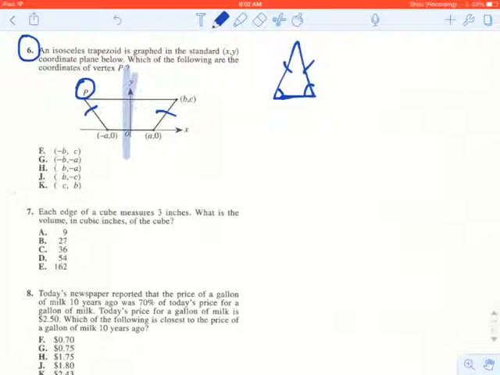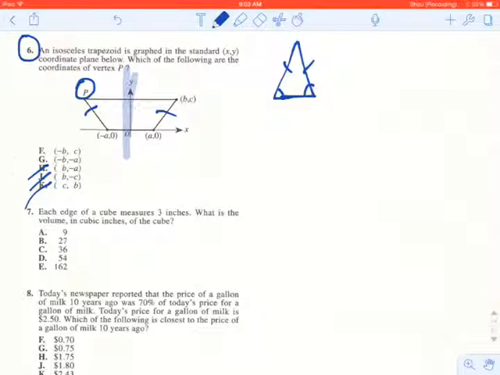So if you think of b, let's just put in a random number. Let's say it's 4. Then if we were to go the other direction, it'll be at negative 4. Right? So we know that P will have an x value of negative b, so we can get rid of H, J, and K.